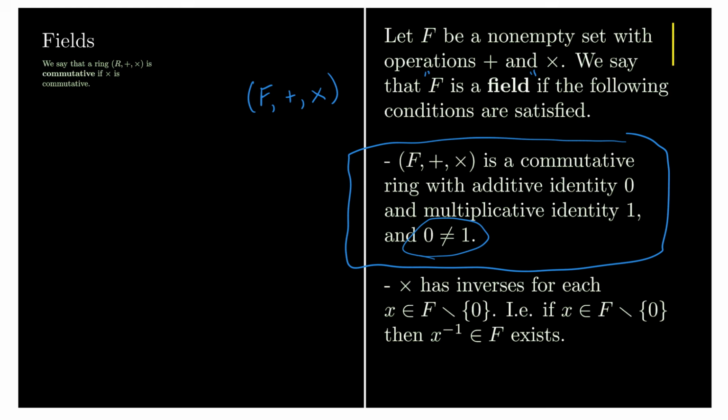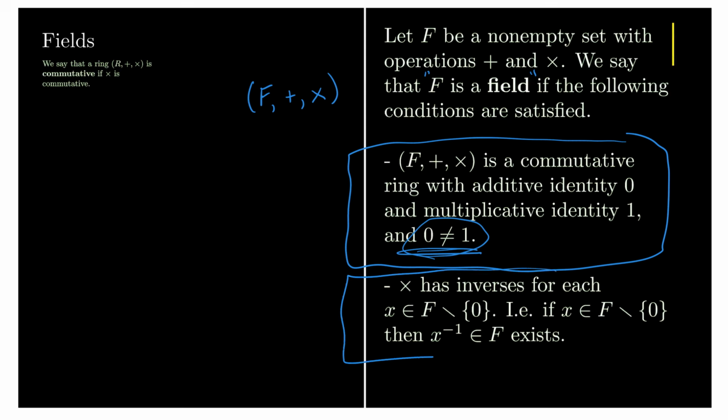But long story short, we do technically have to state it because it doesn't come for free from the earlier parts of our definitions. So we enforce that if anything's going to be a field, it must have distinct, different additive and multiplicative identities. So that's part of the condition for being a field: to be a commutative ring with a different additive identity from its multiplicative identity.